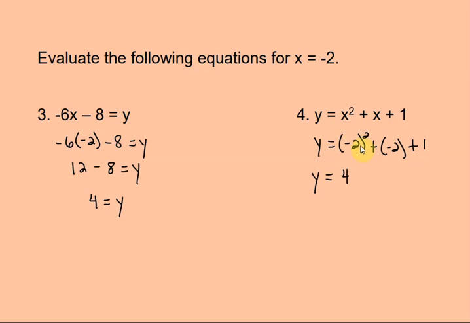If I hadn't put it in the parentheses, I would just be squaring the 2, and this number would stay negative, and that would be incorrect. So make sure, again, put it in parentheses when you're substituting. Plus a negative 2, which would be the same thing as minus 2 plus 1, because a positive times a negative is negative. Okay, so 4 minus 2 is 2 plus 1, which is 3.